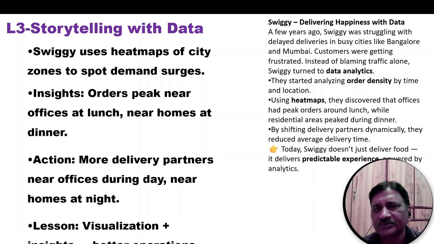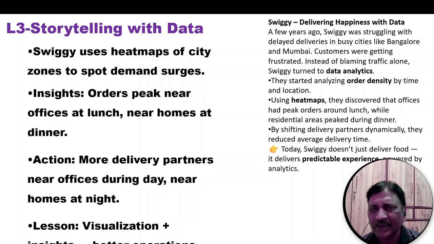This is the case which we talked about briefly in earlier slides. Delivering happiness with data is the name of the case. A few years ago, Swiggy was struggling with delayed deliveries in busy cities like Bangalore and Mumbai. Customers were getting frustrated.